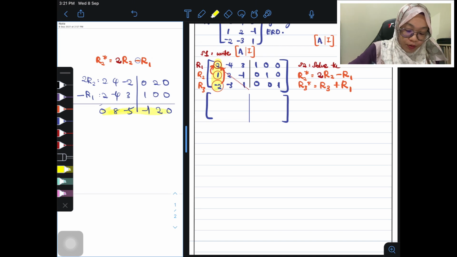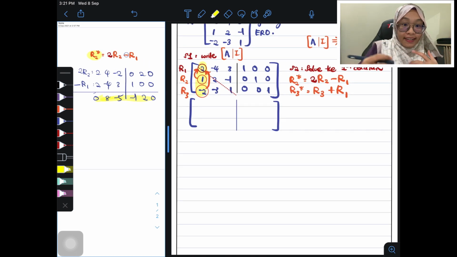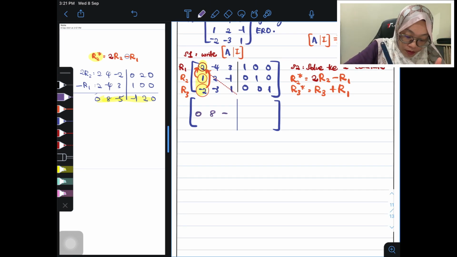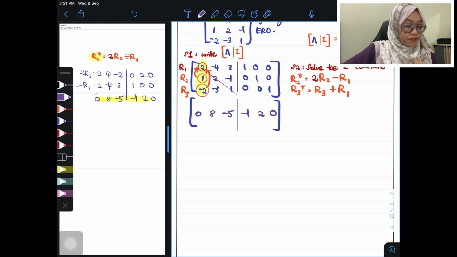Pada row yang baru. Pada row yang baru. Row yang mana? Row yang kedua lah, my dear. Because row kedua yang kamu tengah cari. Okay, so row kedua yang baru akan terhasil, iaitu 0, 8, negatif 5, negatif 1, 2 dan 0.